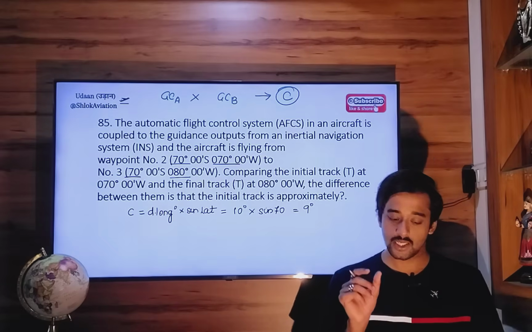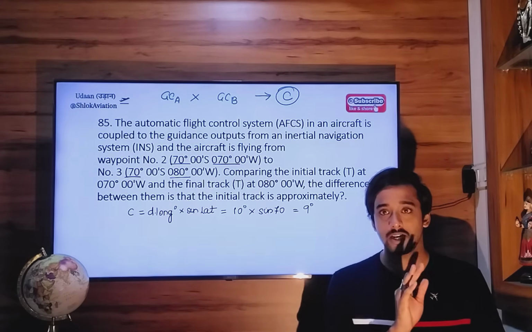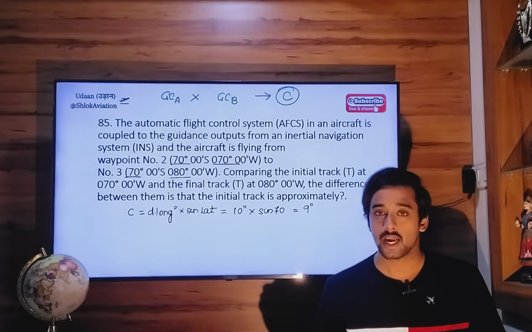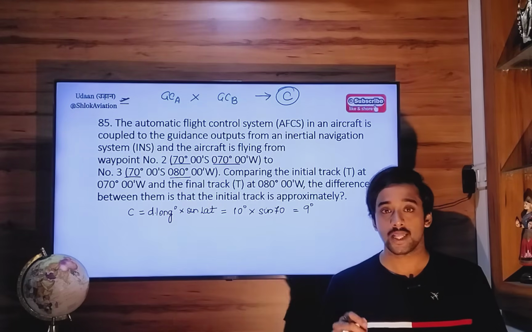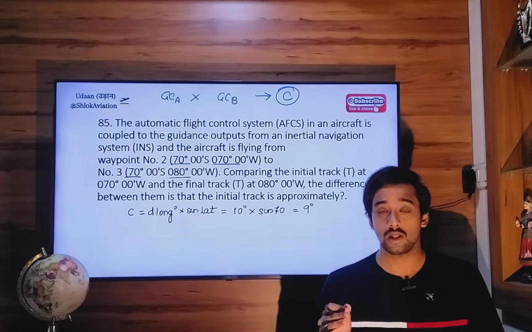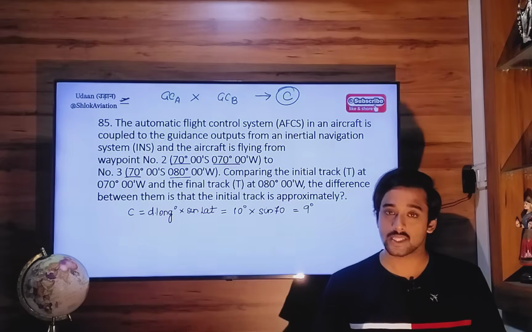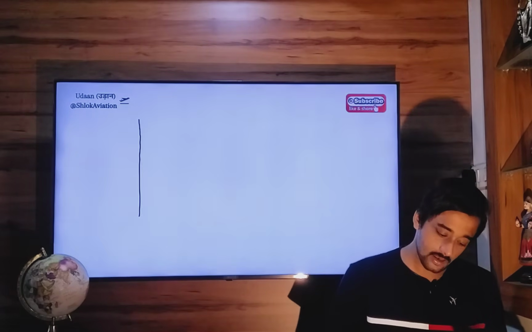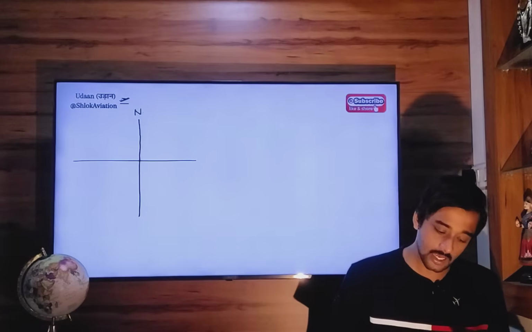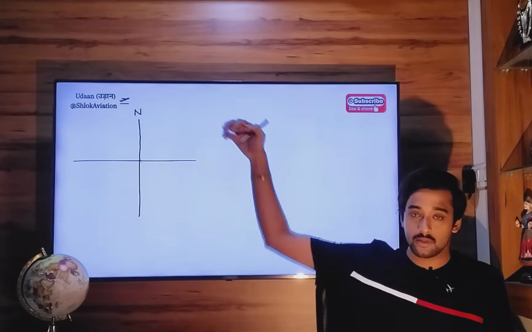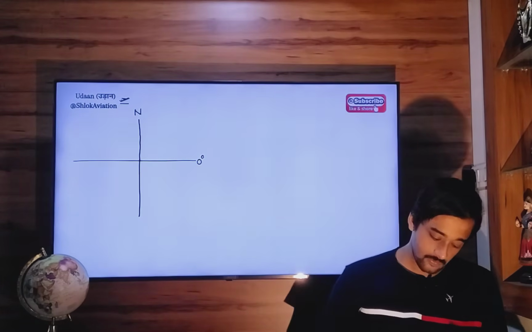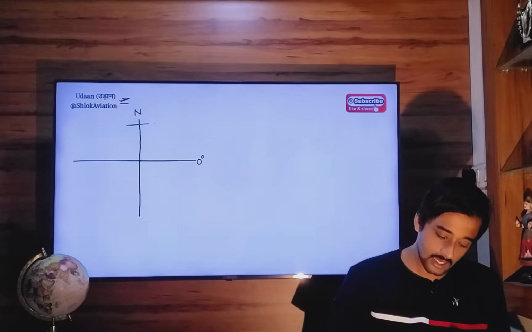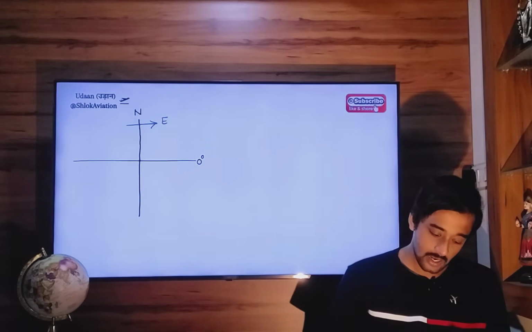Now this is going to be the difference between your great circle track at A and great circle track at B. Step number 2, whether this difference will be an increasing one or a decreasing one. For that we will have to understand our DIID diagram. If you are in the north hemisphere, this is your equator, and you are traveling east, and you're traveling west.